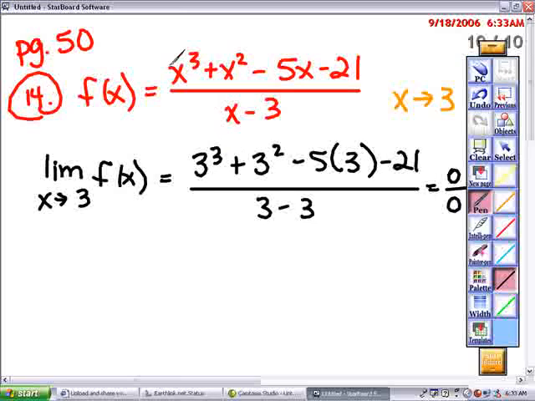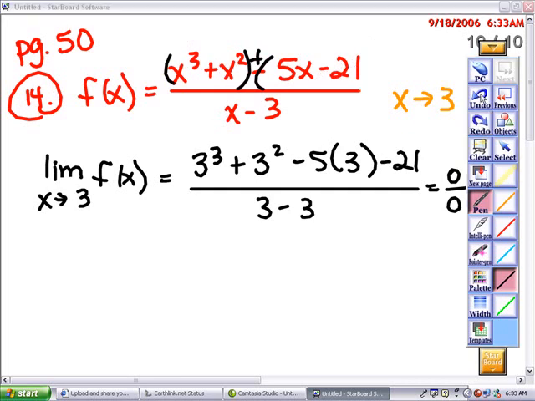The problem I notice here is if I try to factor by grouping here and here, I can take out an x squared, it'll leave me with x plus 1, but I can't take anything out. What's left in parentheses won't match, so that's not really going to be useful. So I have to find another way to simplify, and I'm going to use synthetic division.